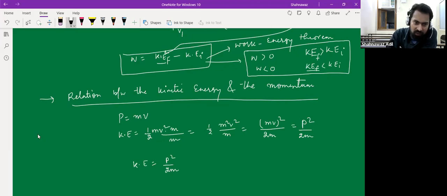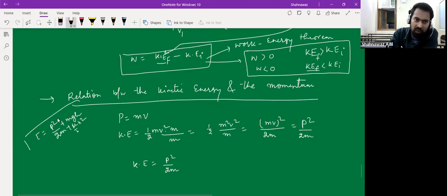That is why you will see that your total energy sometimes is written like this, plus half, or when you have a gravitational potential energy, then you will see mgh, and if you have some spring constant, then you will see half kx square. So this is how you will see the total energy, not the kinetic energy.